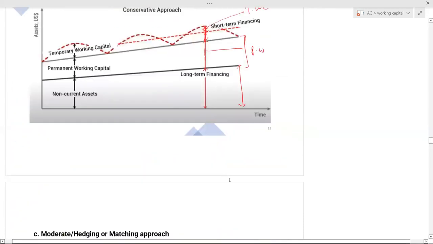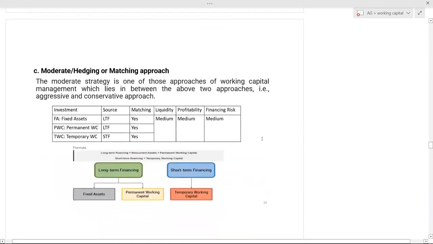Okay, the last approach is a very balanced approach. It is a matching approach, meaning we are using long-term funds to buy long-term assets and short-term funds to buy short-term assets. So short-term financing to buy temporary working capital, long-term funds for permanent working capital and fixed assets. Okay, so matching is followed in all possible investments. Long-term funds for the permanent working capital, yes, and short-term funds for the temporary working capital, yes.